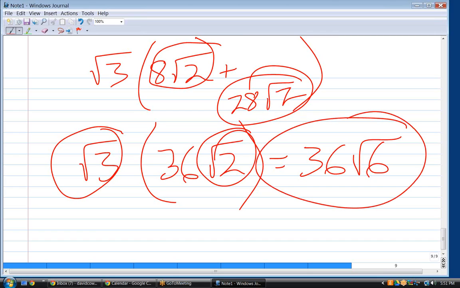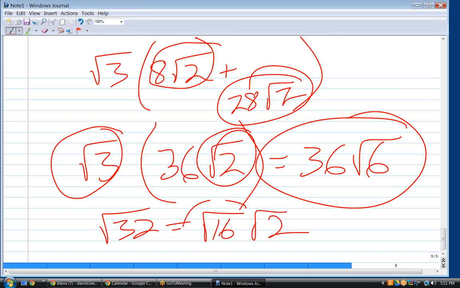I mean, I could make it say root 3 times root 2, but that's 2 terms instead of 1, so that's not really a simplification. In other words, you only simplify if you can pull a whole number out of there. I was able to pull a whole number out of that because it factored into 16 times 2, and that's a whole number, 4.